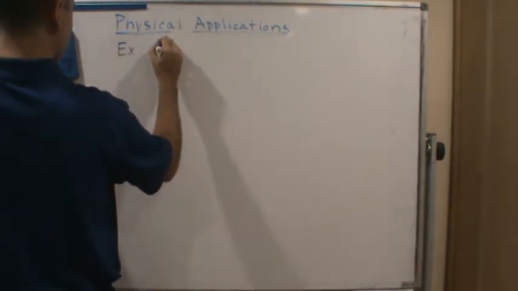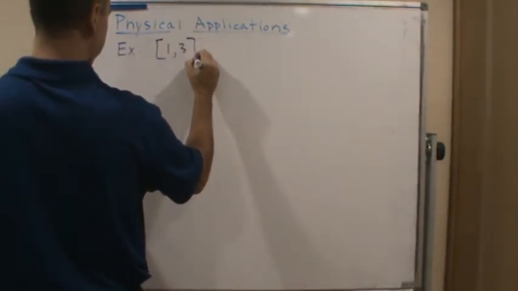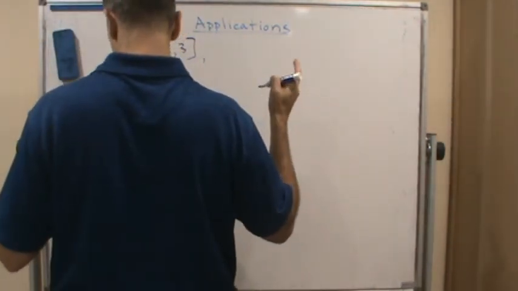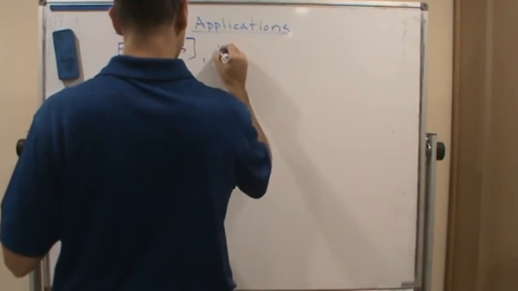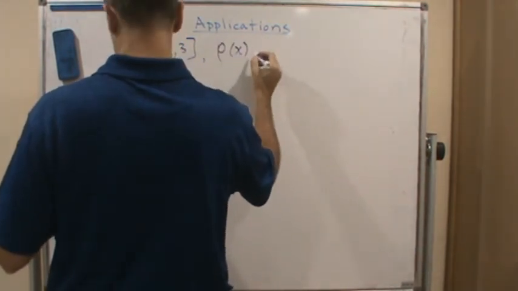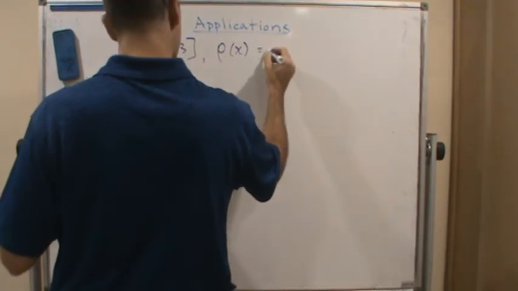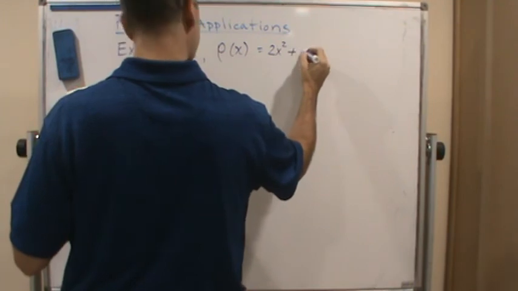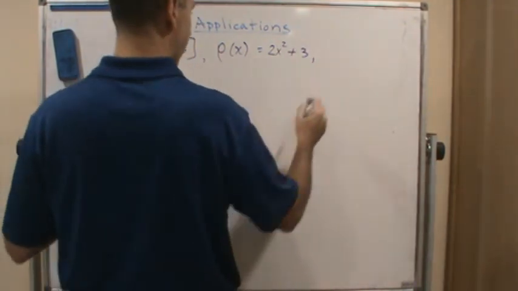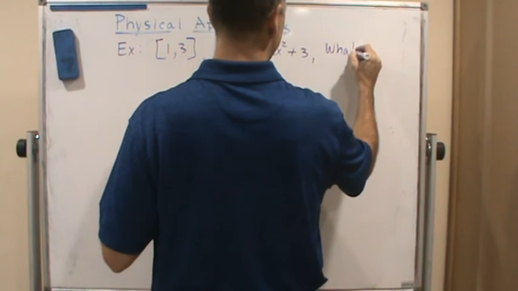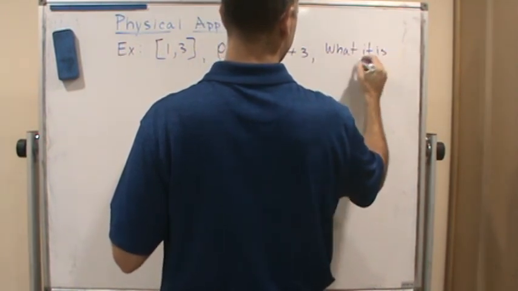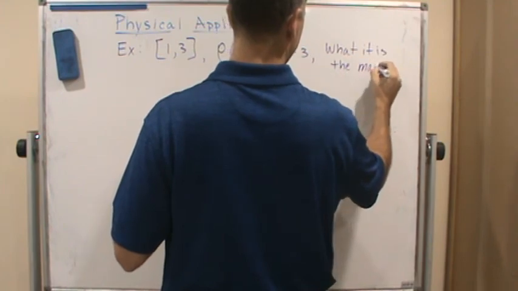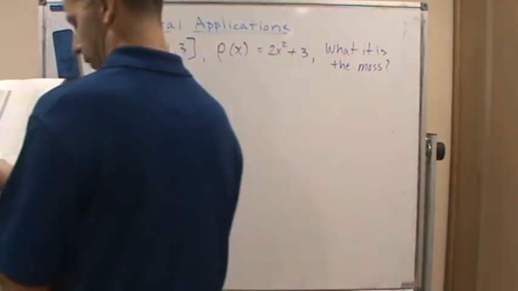So we're going to consider the interval from 1 to 3, and the density of the rod is given by this function: rho of x equals 2x squared plus 3. And again, what is the mass of the rod? Okay, work that one out.